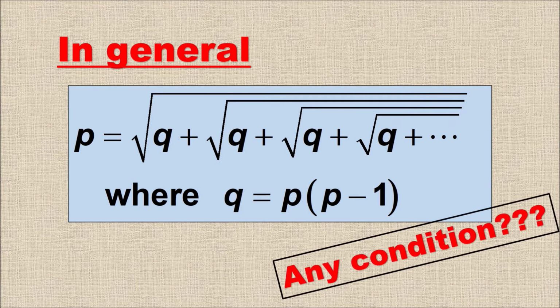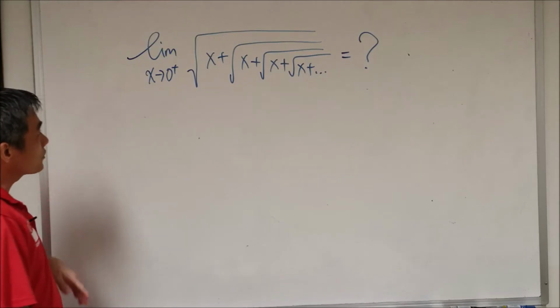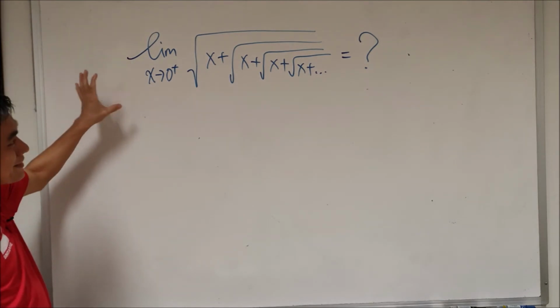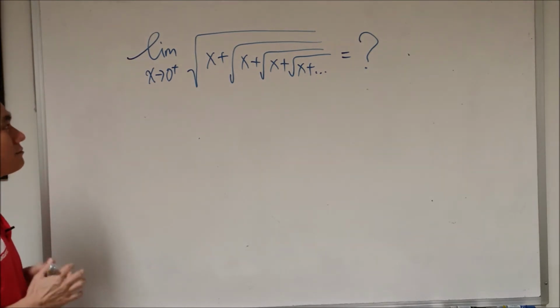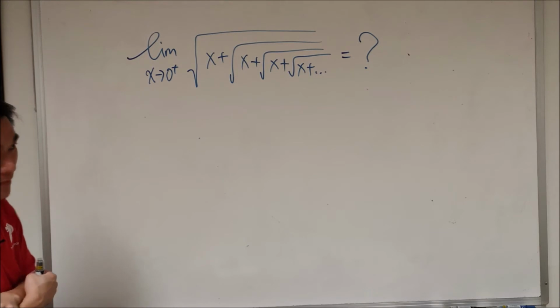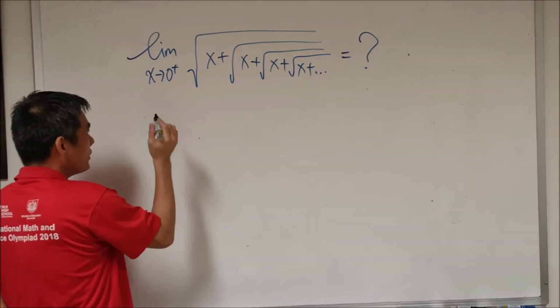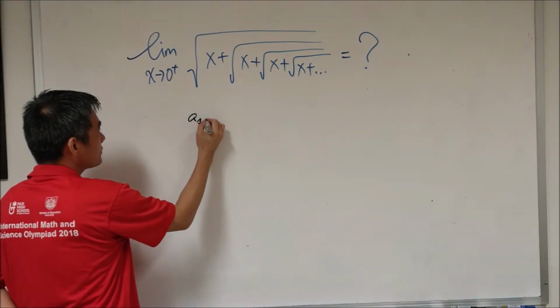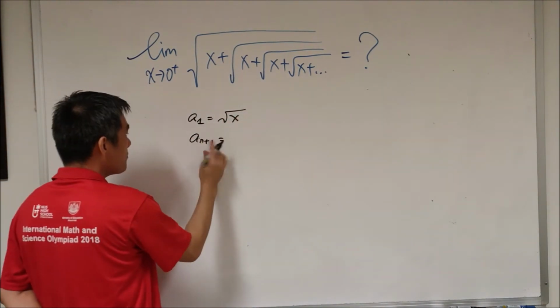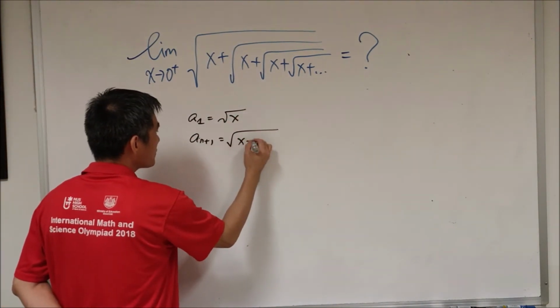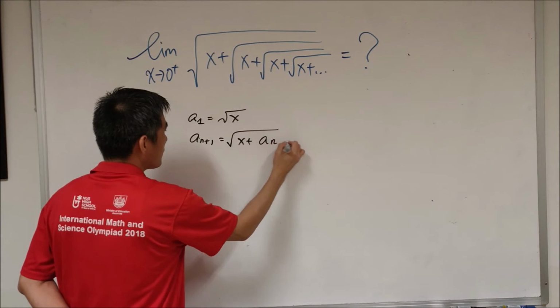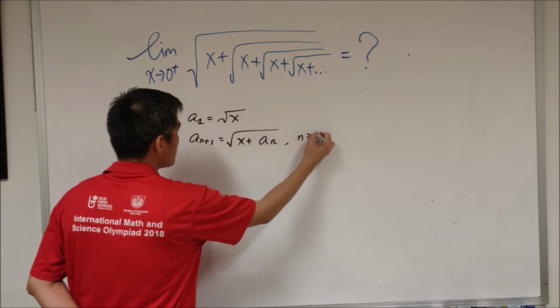So there are two ways of getting this answer. Number one, we use technology. Just simply use Excel and we define a1 equals the square root of x, a(n+1) equals the square root of x plus an for n greater than or equal to 1.